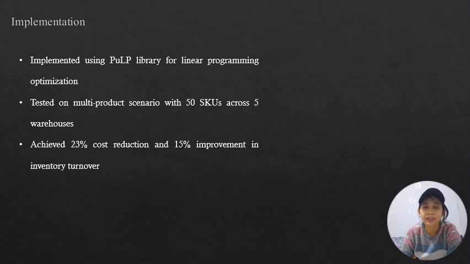The LP generated the best reorder quantities, which minimized cost by 23% over the old rule-based strategies. The management of stock levels reduced the holding cost by 18%, and a 95% service level was maintained. Inventory turnover was also increased by 15 percent, which implies efficient use of capital.